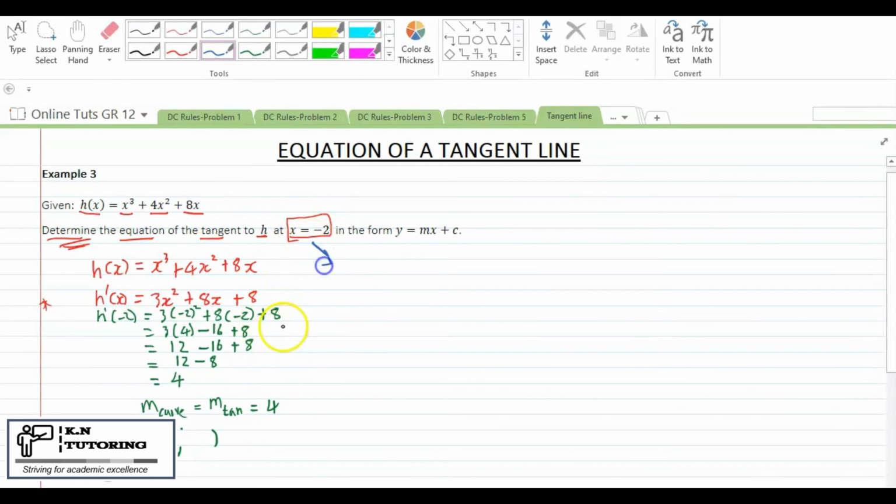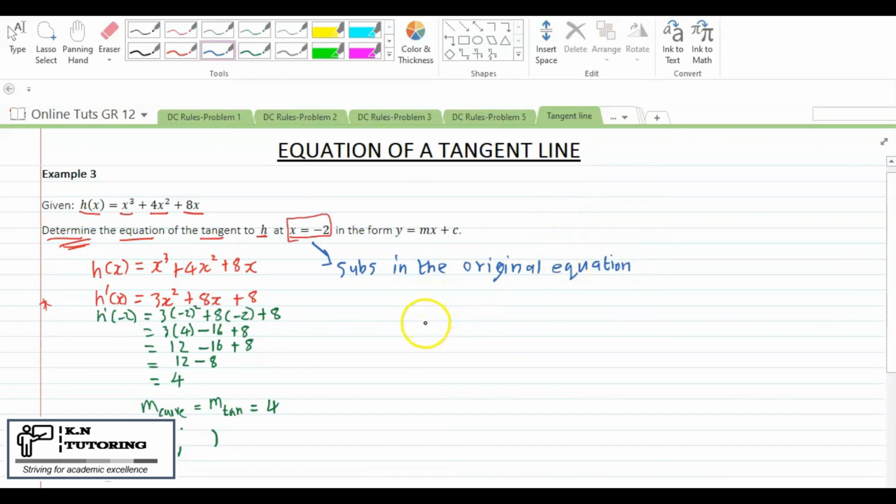Now I must get the corresponding y value by substituting in the original equation. By original, I mean the one that is not yet derived.